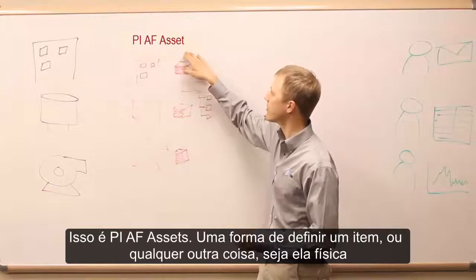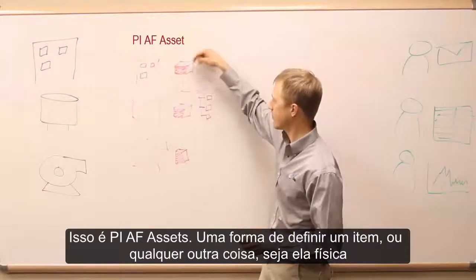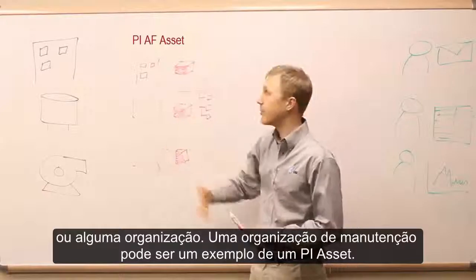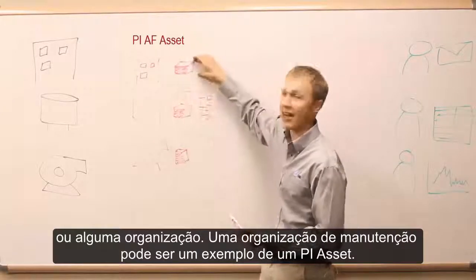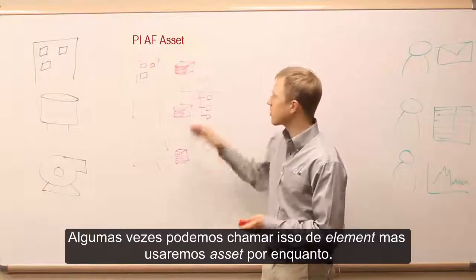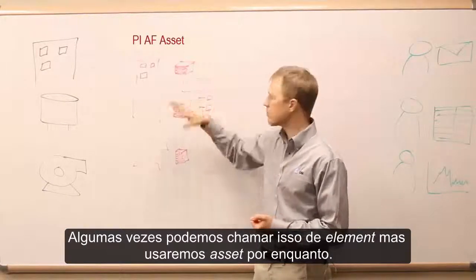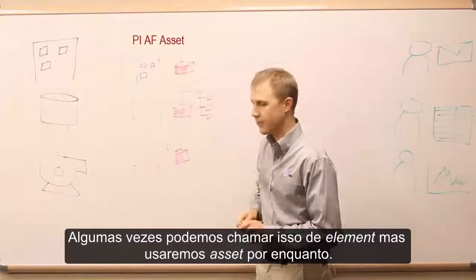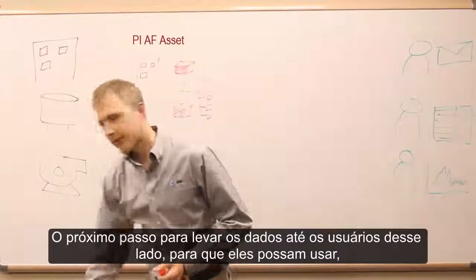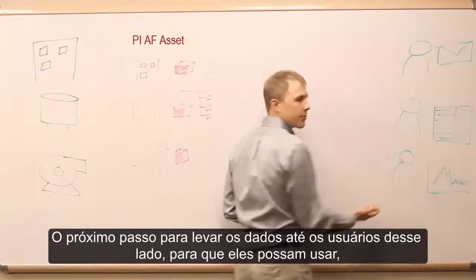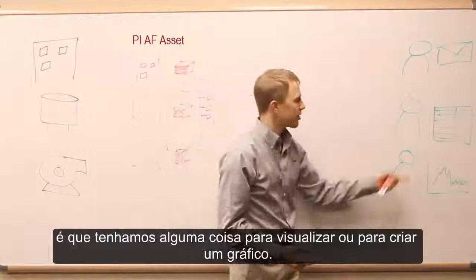It's a way of defining an item, a thing, that's either a concrete thing or maybe some organization, like the maintenance organization could be an asset that we own. Sometimes this is also called an element, but we're going to use the word asset for now. If you hear element, we're also referring to this. The next step in actually delivering data to these guys so that they can use it is that we need to have something to graph or chart.